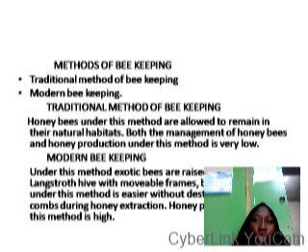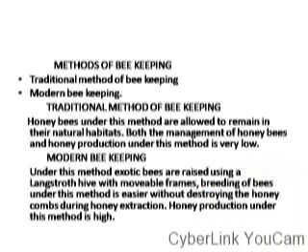But with the modern method, because we use a modern housing unit, or what we call the beehive, to raise the honey bee, which we have seen earlier, which has removable frames or removable top bars, it means that we can easily remove our honey from these honeycombs and return them back, and production continues, such that they can produce as many times in a production season.